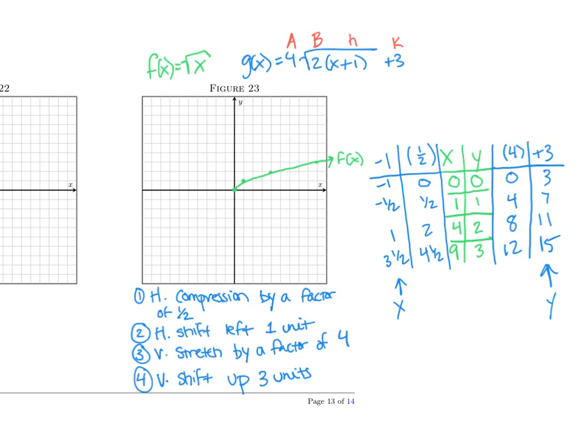We should hopefully be able to see the general shape that we're going for anyway. So if I was to graph my g of x, it would look something like, let's see, we have -1, 3, we have -1/2, 7, so like up here, and then we have 1, 11, so this only goes up to 10, so that's like here-ish. I'm kind of going slightly off the graph, and then we're not going to be able to fit the 15 in there.